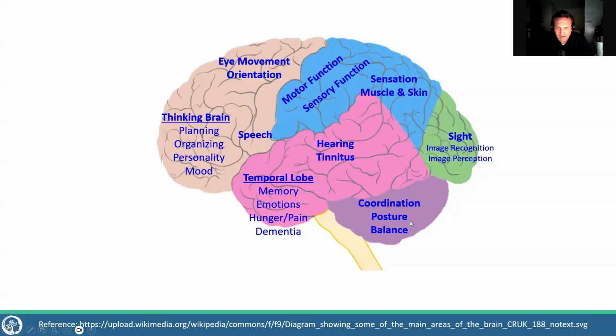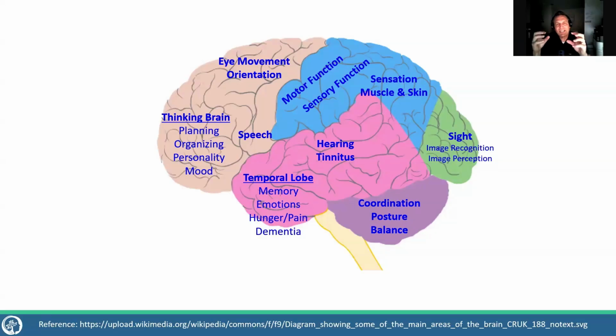So my point to this slide is to say, look, we talk about the brain like it's one organ, but the reality is the brain has several different departments. When you go to the grocery store, you have a produce department, you have a meat department, a butcher's area, you have a bakery, you've got baking goods, you have a pharmacy, you have all these different areas.